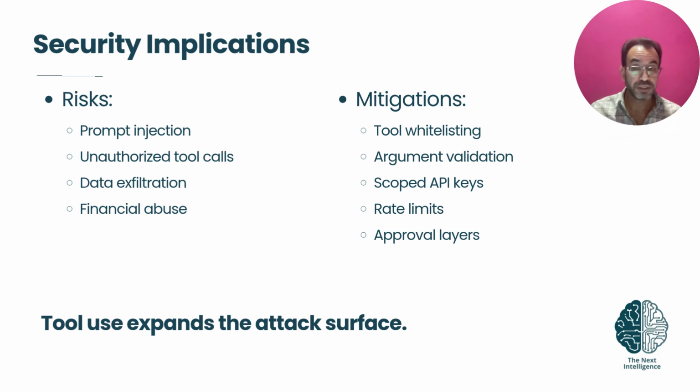Because autonomy without governance is dangerous. We are using agents because they are autonomous, because they are capable, but we should ensure that we govern them. This is a key principle.